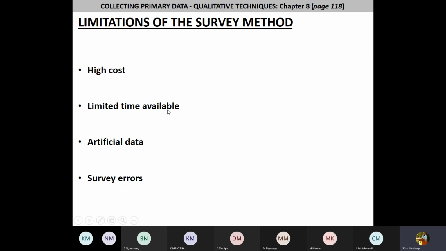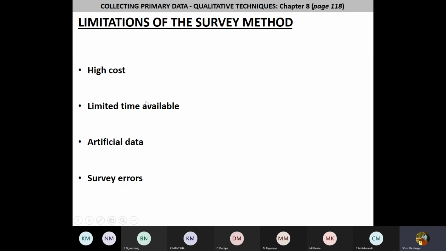There is limited time available. It's talking about the time between the researcher and the respondents. It's also talking about the research time, meaning that maybe the results are needed before the end of a specific period. For example, if they indicate that we should conduct research regarding the impact of COVID on students, and they want to use these findings to make decisions regarding your academic year, you will see that the academic year is too limited.